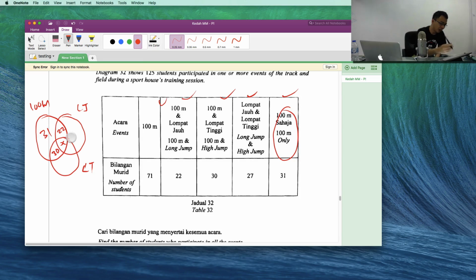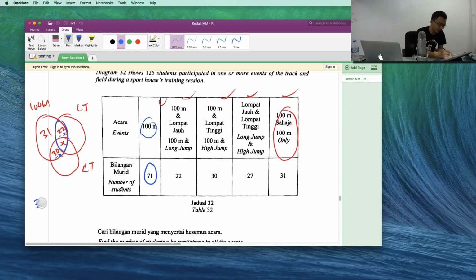So what I will do is, if the whole thing here is 22, then the top part only is 22 minus x. If the whole part here is 30, this is 30 minus x. I know the whole 100 meter is 71 people, so I can solve this to find x.